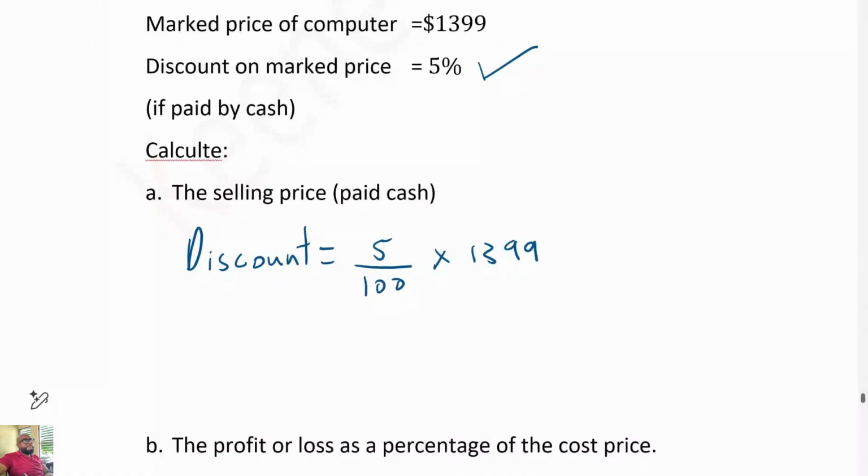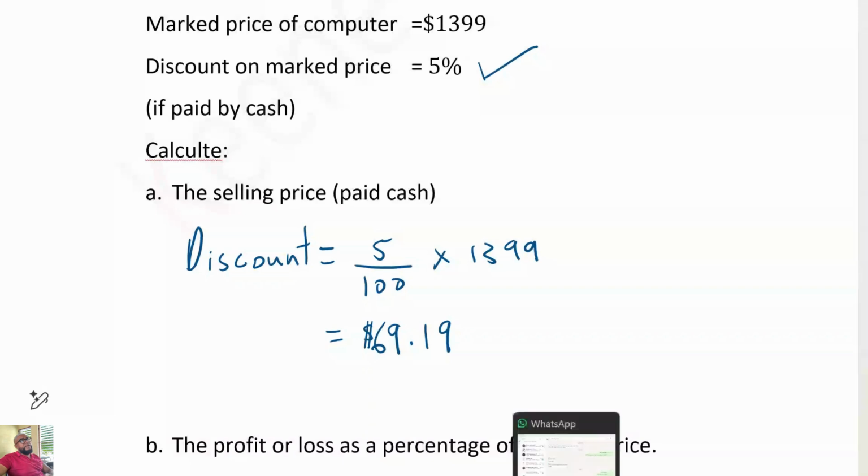Anybody? 5% of 1,399. Give it to two decimal places. $69 and 90 cents. 19? You sure? Is 69.95. Right. So that's the discount.